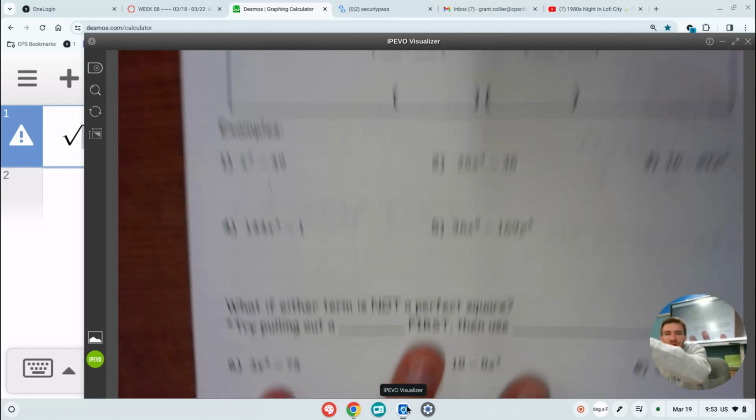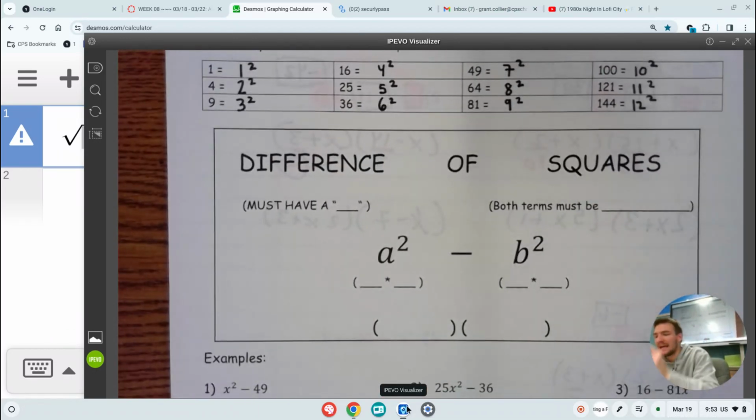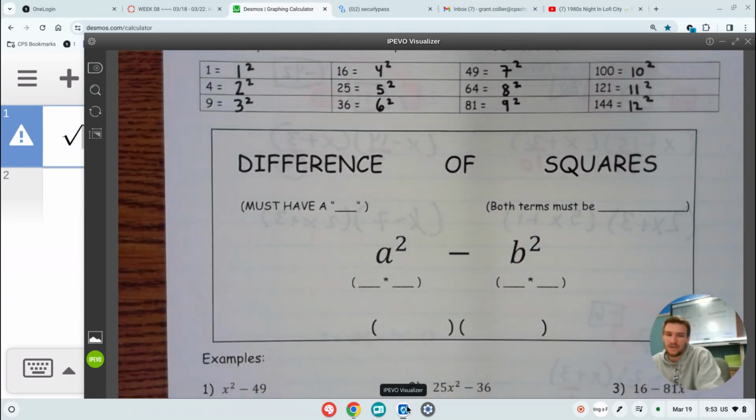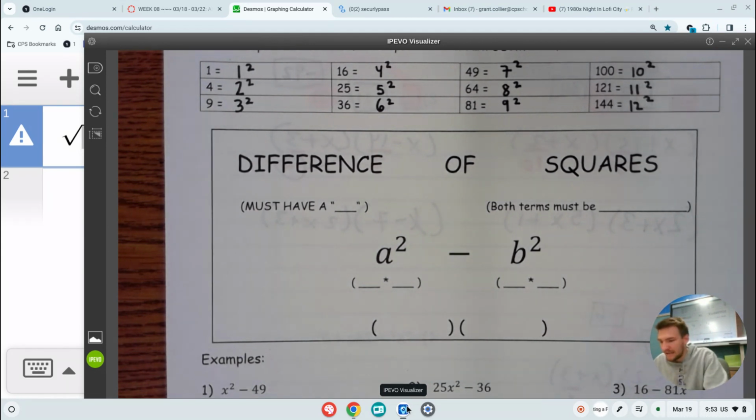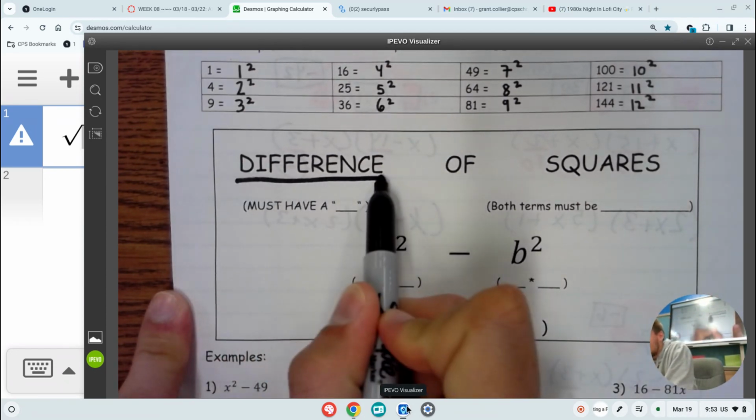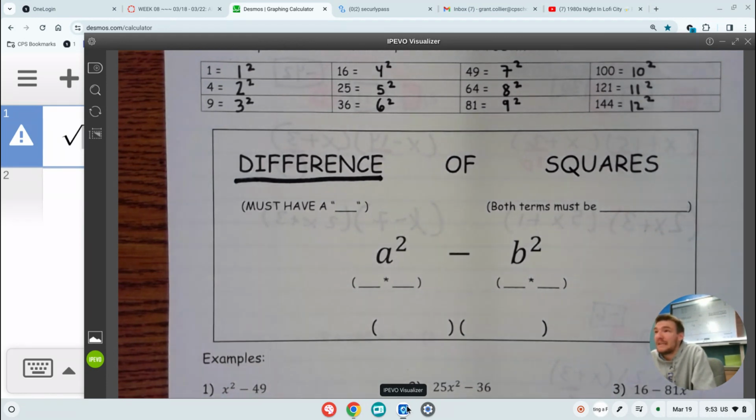Okay? So, what makes a difference of squares? Very particularly, this is a very specific setup. First of all, difference. What does difference mean in a math class? Subtraction.